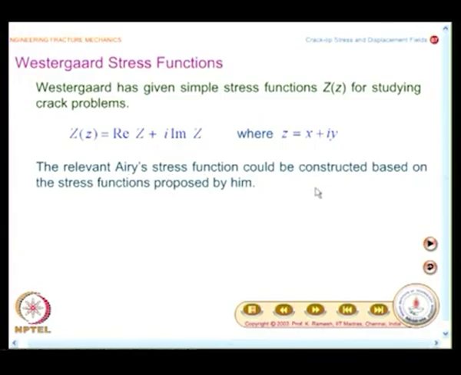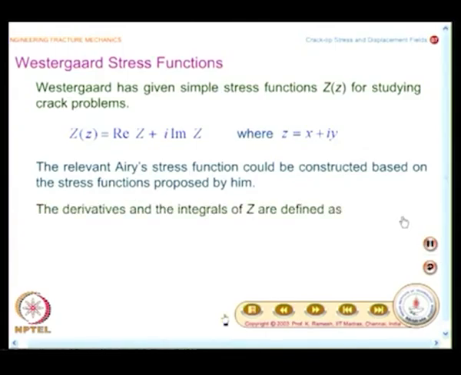And there are also other relationships that are needed for us to carry on further. We have to look at how to represent the derivatives and the integrals of Z. They are defined as follows. So, d of capital Z divided by d of small z equal to Z prime.